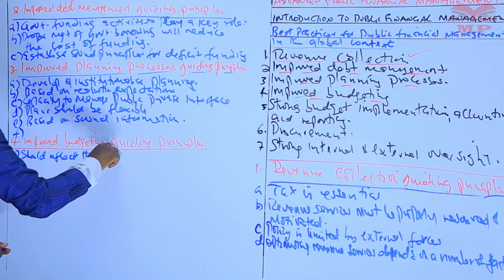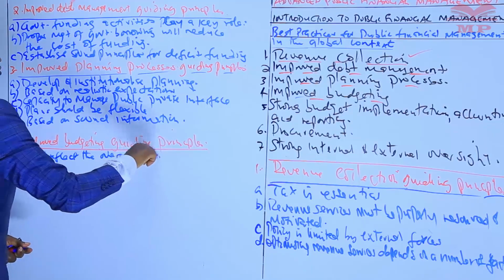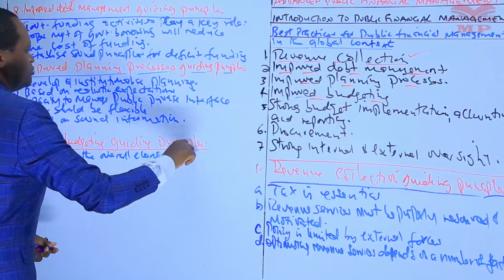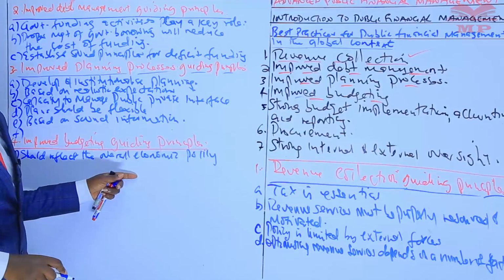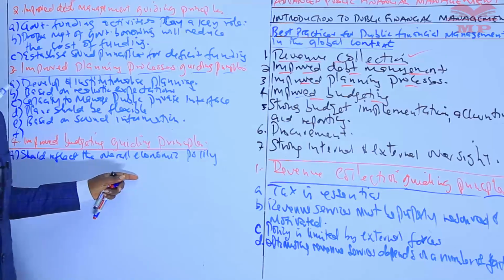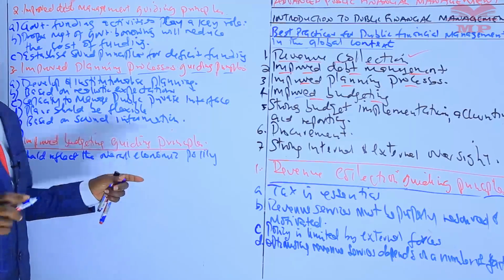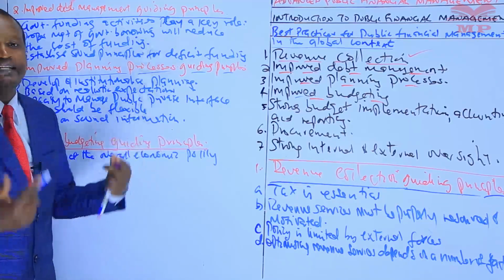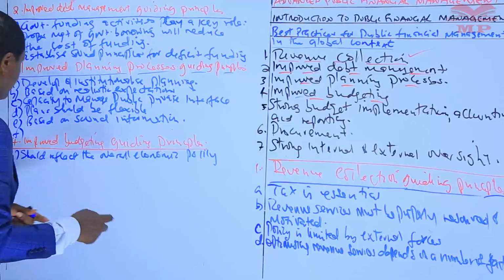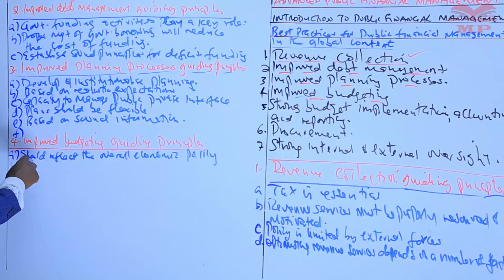Very important principle. The budget should reflect overall economic policy, both in focus and in scale. The budget also ought to be accurate.